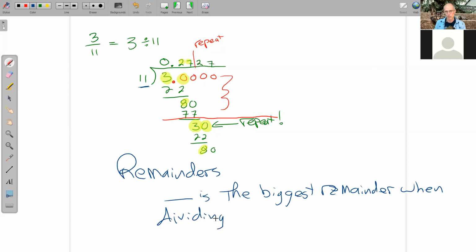What's the biggest remainder I can have in dividing by 11? Not 9. Good guess, though. 10, yeah. It turns out the biggest remainder is always 1 smaller than the number. So 10 is the biggest remainder I can have when dividing by 11.